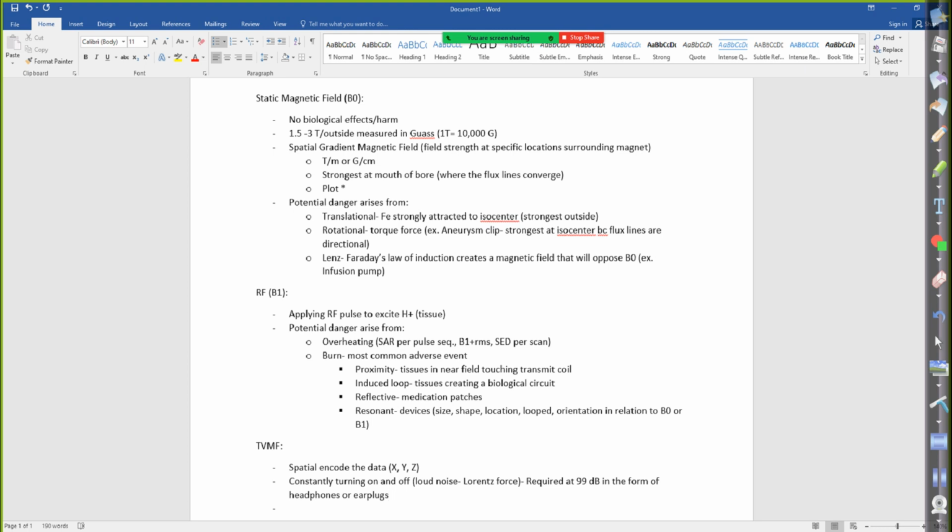When you have the music in your headphones, does that also contribute to the decibels? Would you have to take that into account? I don't know if they've done it that extensively. I don't think they count that, because it's probably at a lower decibel rating than the 99.